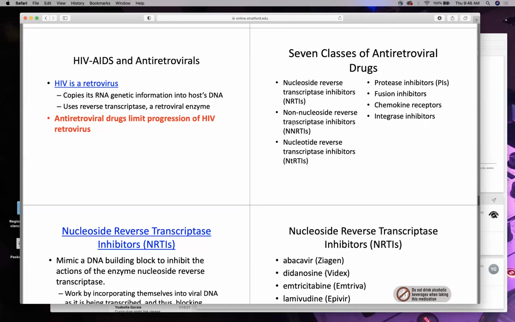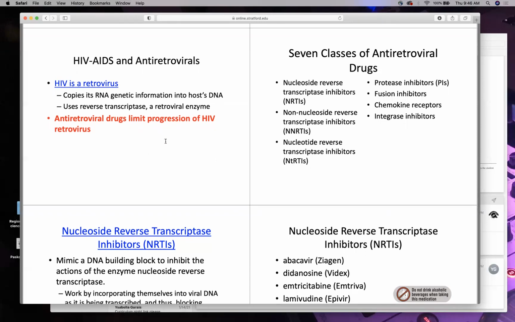So what did we use? We have drugs like NRTIs and NNRTIs. All they do is do what? These three classifications of drugs right here attack the retroviral scheme. So nucleoside reverse transcriptase inhibitors will block reverse transcriptase.